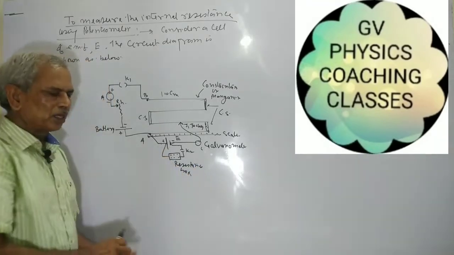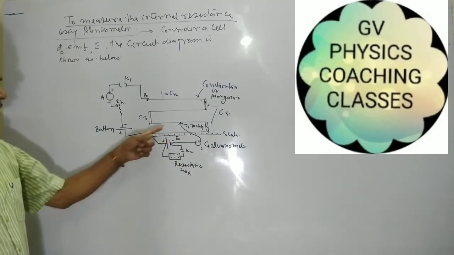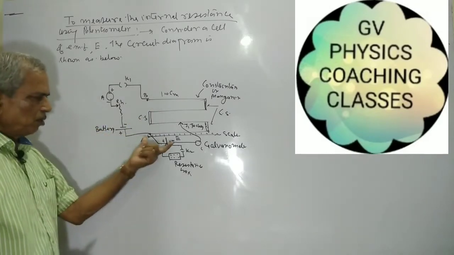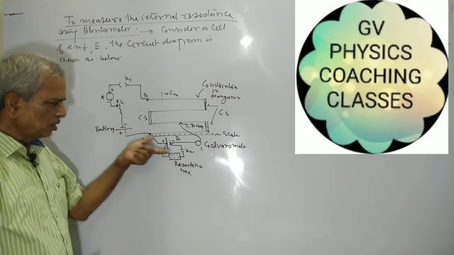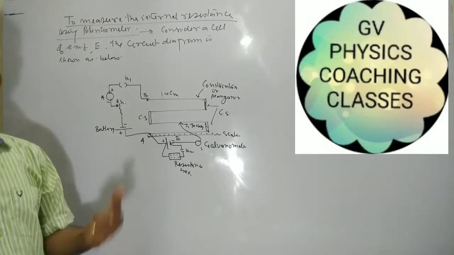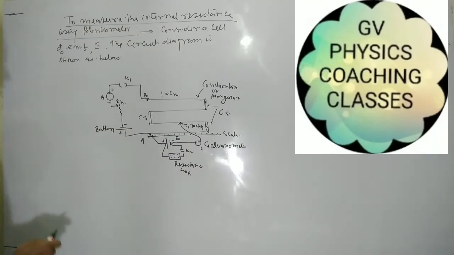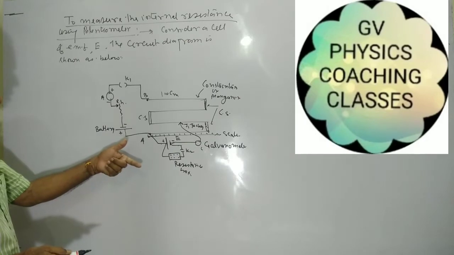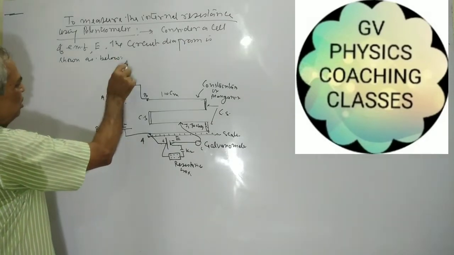We again find the null point. The first point was equal to the EMF of the cell, but in the second case, when the resistance is in parallel to the cell, there is a potential drop which is less than the EMF of the cell. This way we can find the value of r.